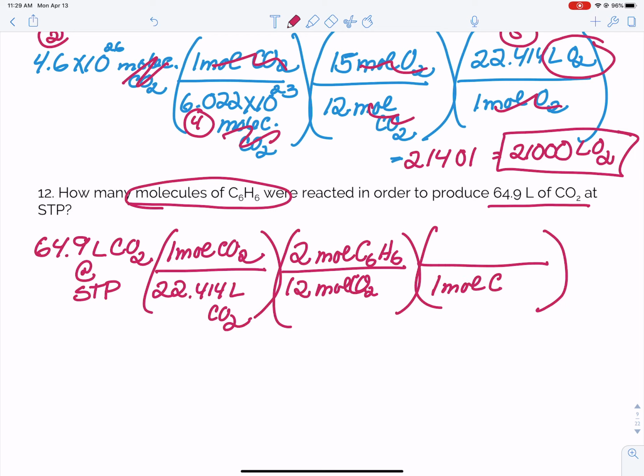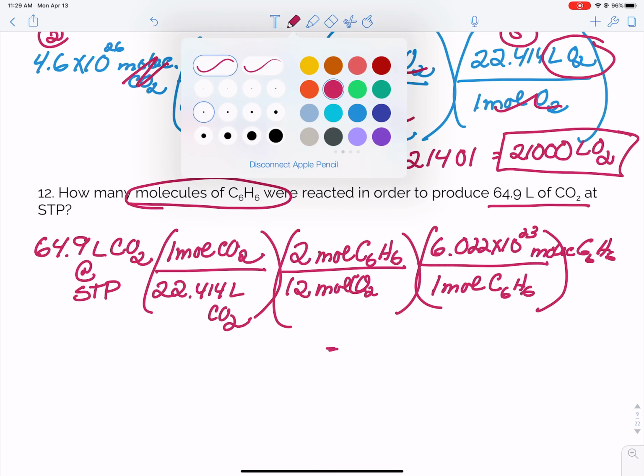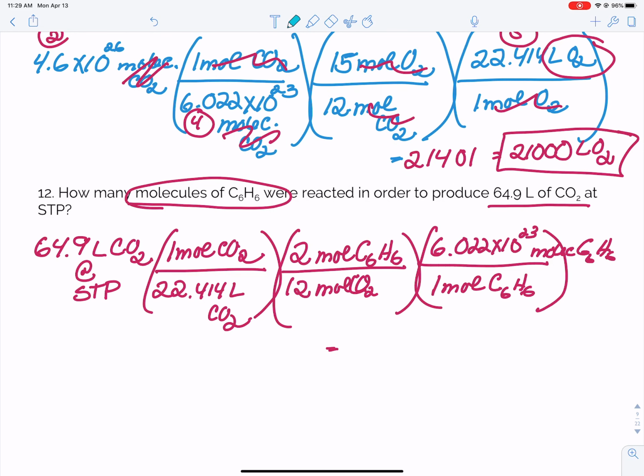Well, 1 mole of C6H6 will be 6.022, Avogadro's number, times 10 to the 23rd molecules of C6H6. Plug this into my calculator, right? Multiply by the top, divide by the bottom. Check to make sure that my units cancel out, which they all do except for molecules of C6H6, which is what I want.